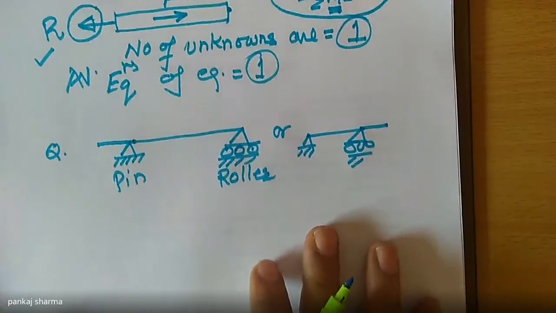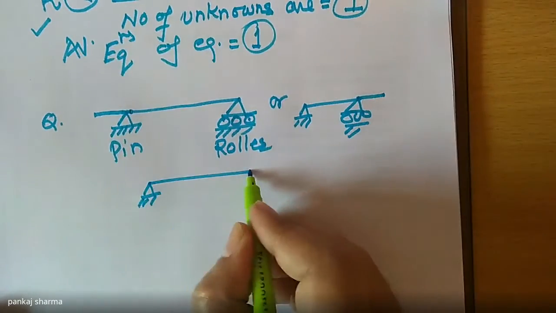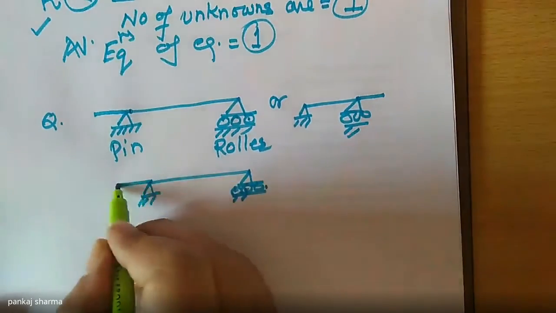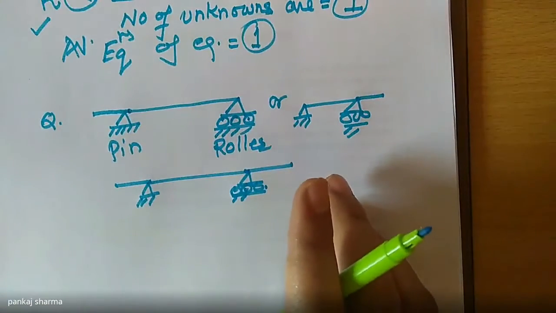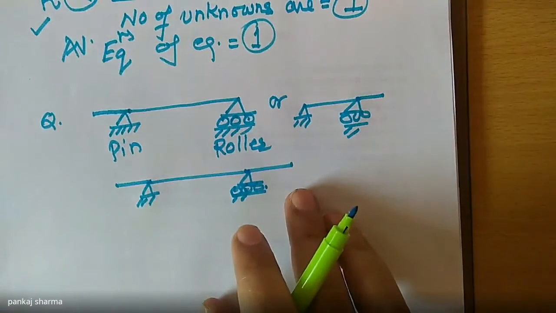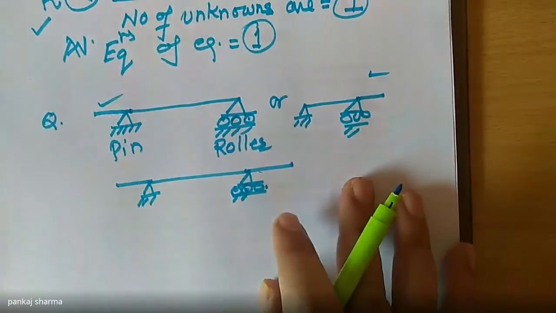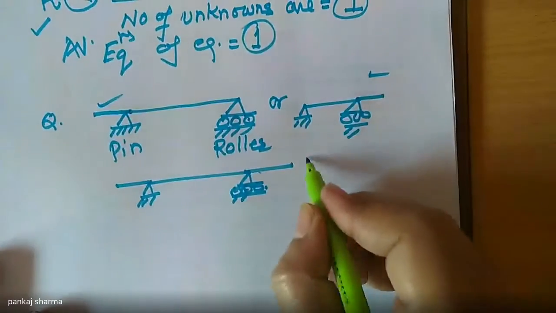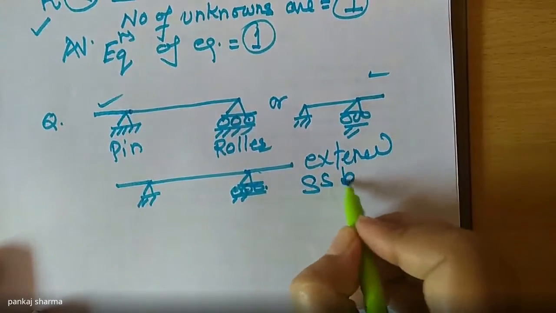Otherwise, if the length of the beam is extended on both sides, it is a double side overhang, two side overhang. That is called the overhang beam. It is simply the extended simply supported beam, the extended SS beam.